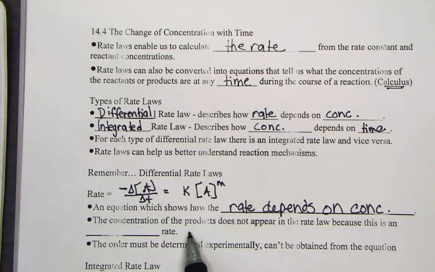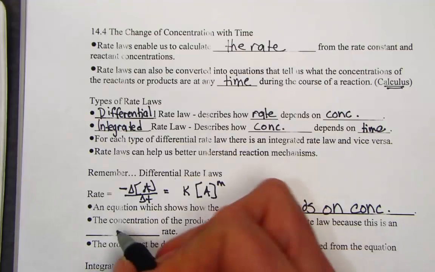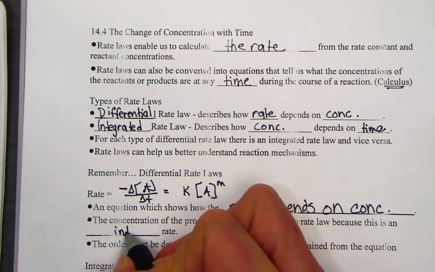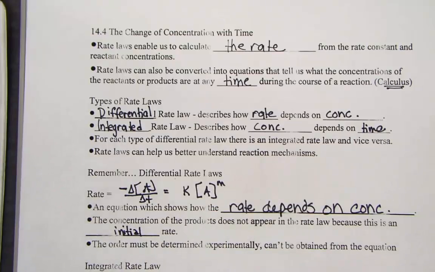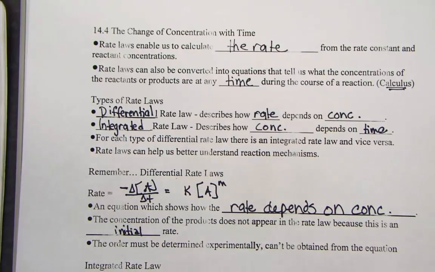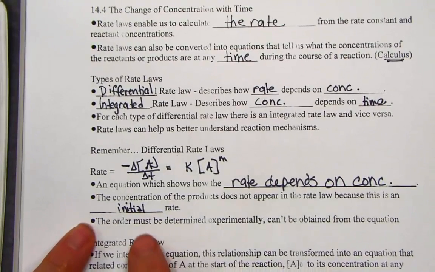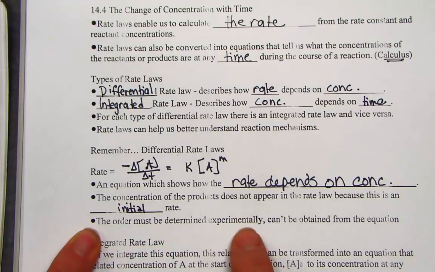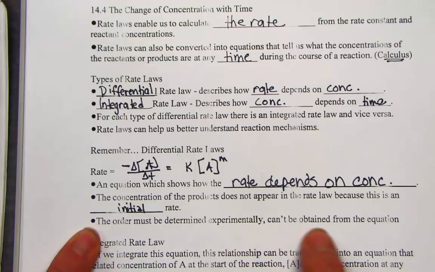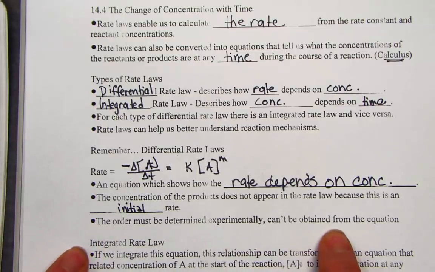The concentration of the products does not appear in the rate law because it is an initial or instantaneous rate. Remember, at time 0, there are no products. They haven't been made yet. We also remember from our previous lessons that rate laws have nothing to do with stoichiometry, but must be determined experimentally. They can't be obtained from the equation, but must be derived by looking at data.